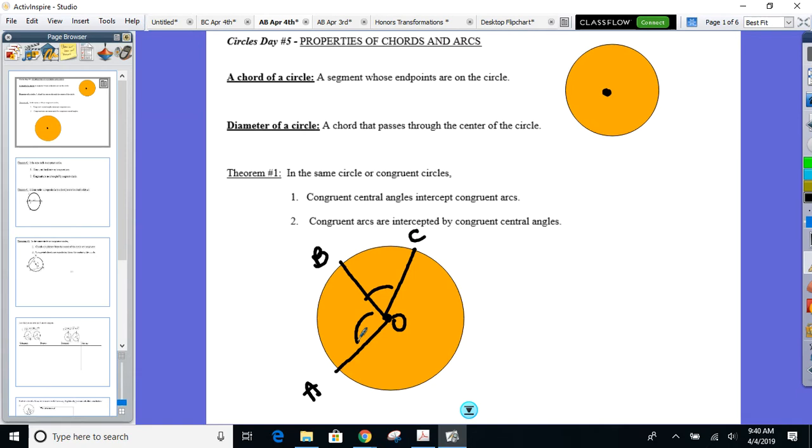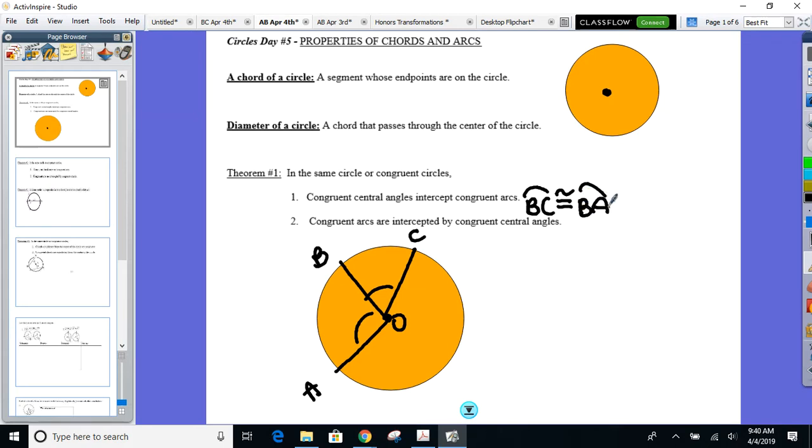Using my diagram, what two arcs are congruent? BC and AB. Whatever arcs are congruent for you, write that next to number one.